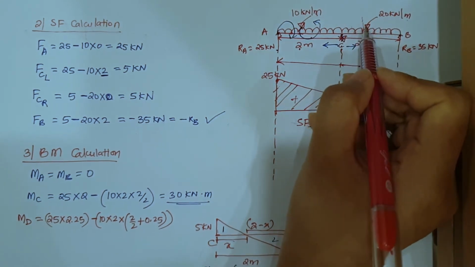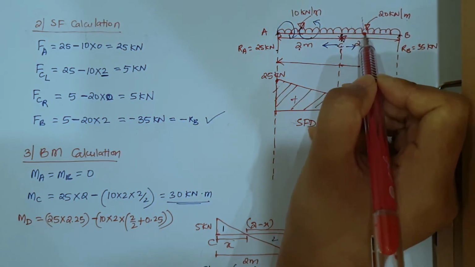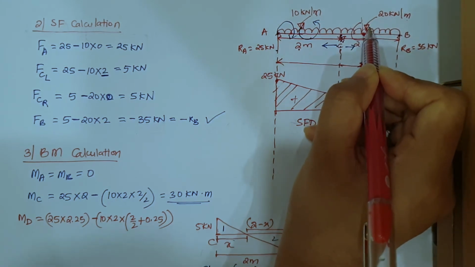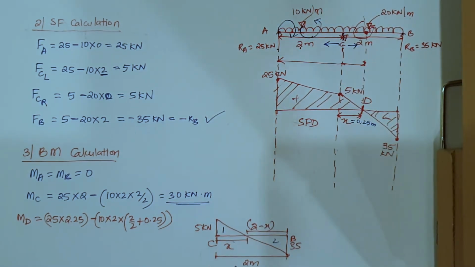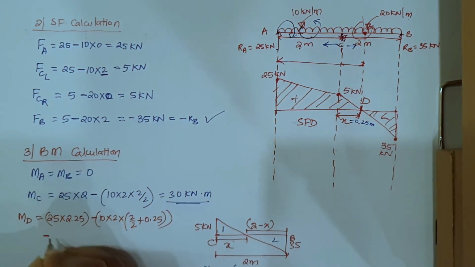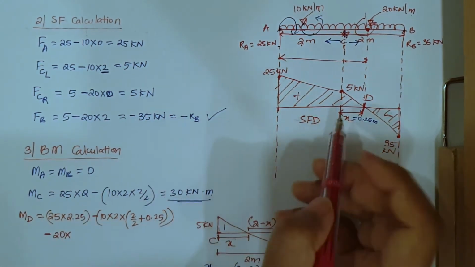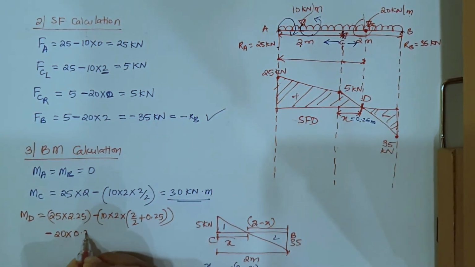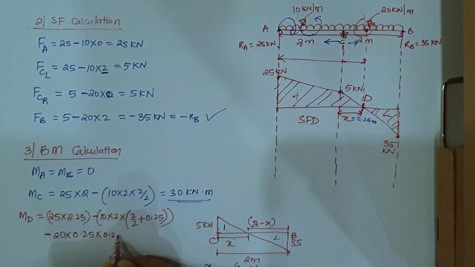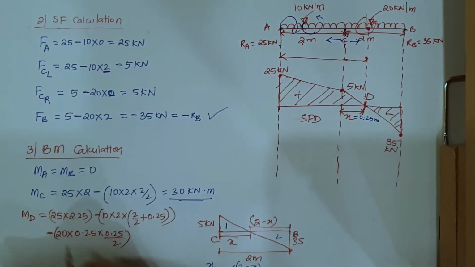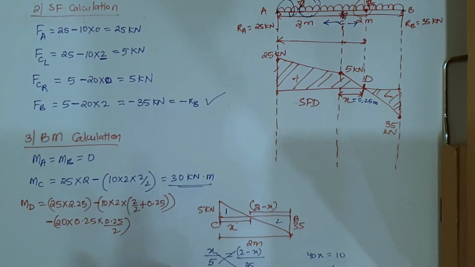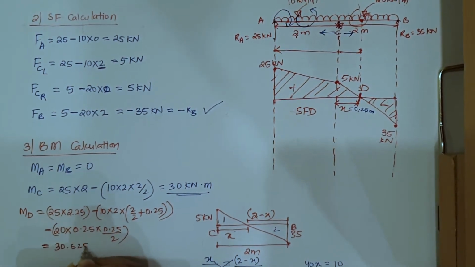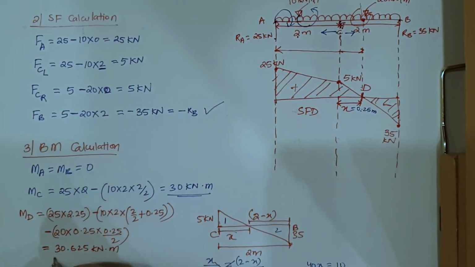So how will it go, toward D, it will go in this direction which is the anti-clockwise direction again, right. So I have again minus 20 into, now the distance is only this much, 0.25. So 20 into 0.25 into 0.25 divided by 2. So if you solve all of these, the moment at D will be coming equal to 30.625 kilonewton meter.